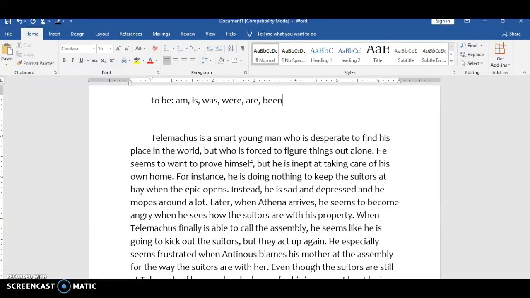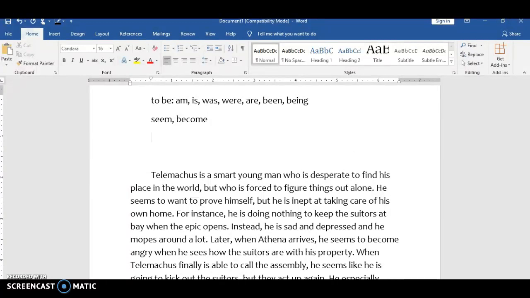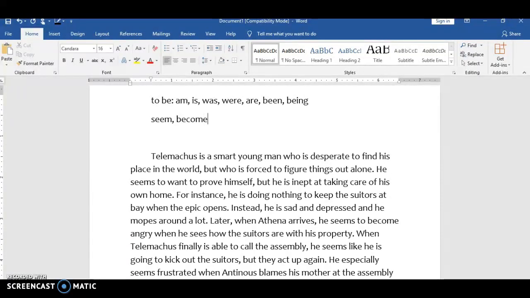Additionally, the words been and being, when they are the final word in the verb phrase, are also linking verbs. Additionally, the words seem and become are linking verbs. Now, there are some words in the language that can function both as linking verbs and as action verbs, things like taste, for example. We're going to primarily be concerned with the words right up here.